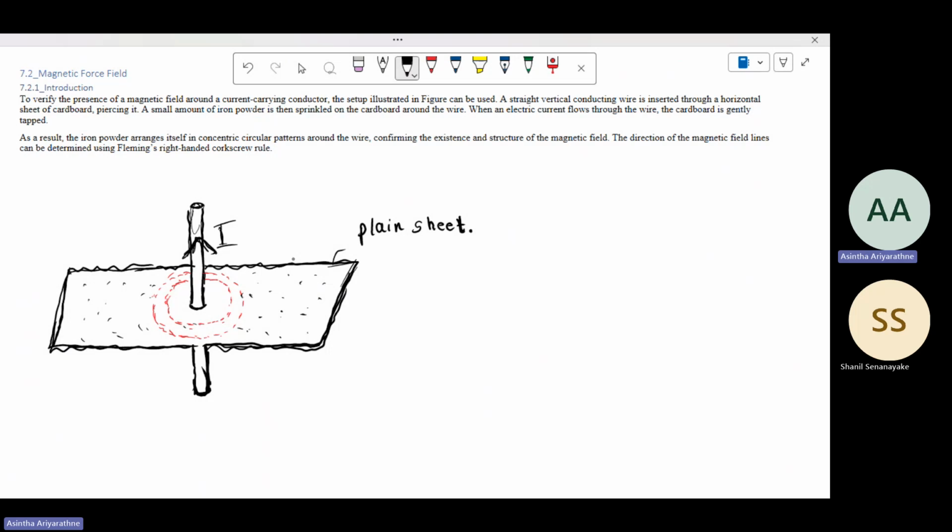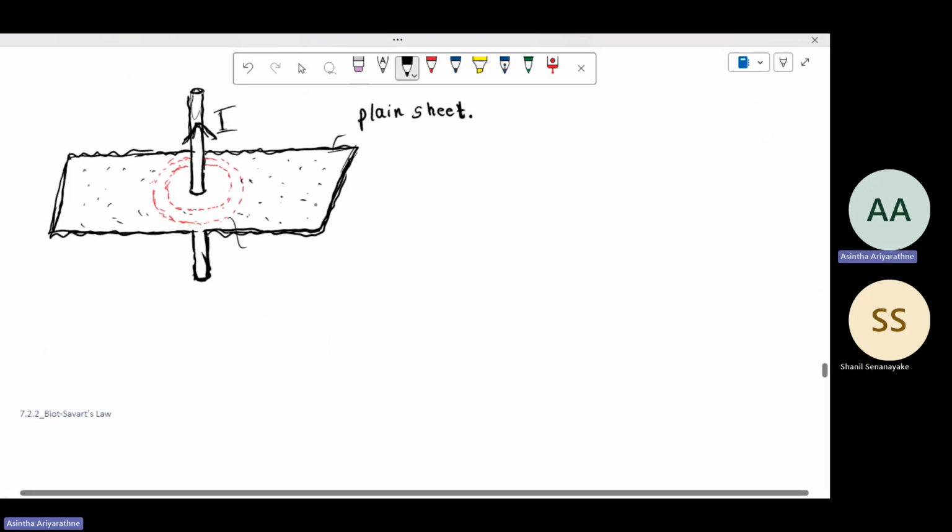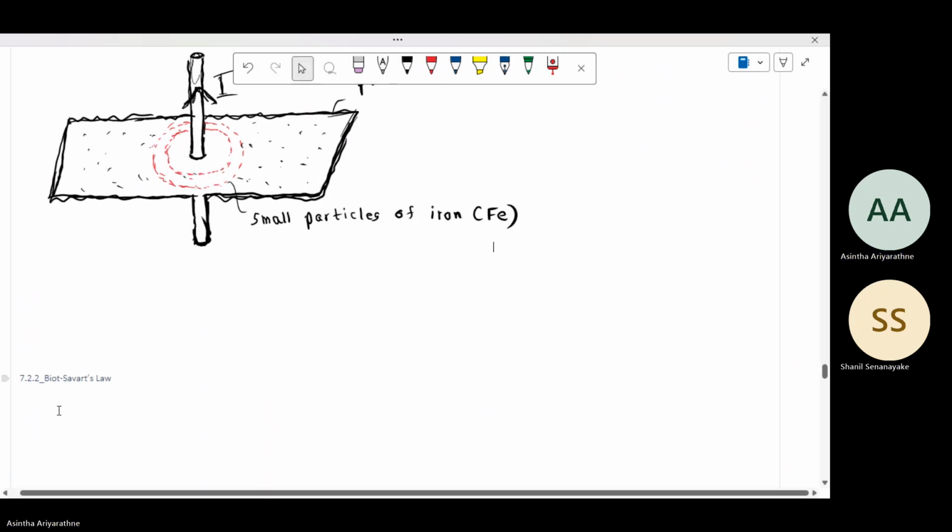So here, these are small particles of iron, Fe.